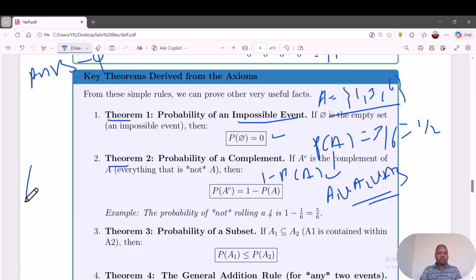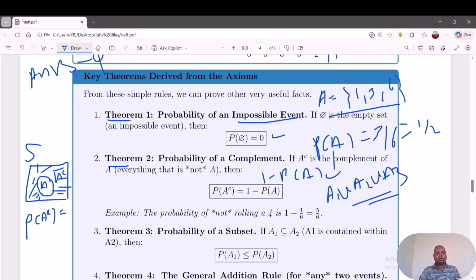We know that this is the sample space. If A is defined within this sample space, A complement is this shaded area, right? So what's the probability of A complement? We know the probability of A, but now we are looking for the probability of A complement.